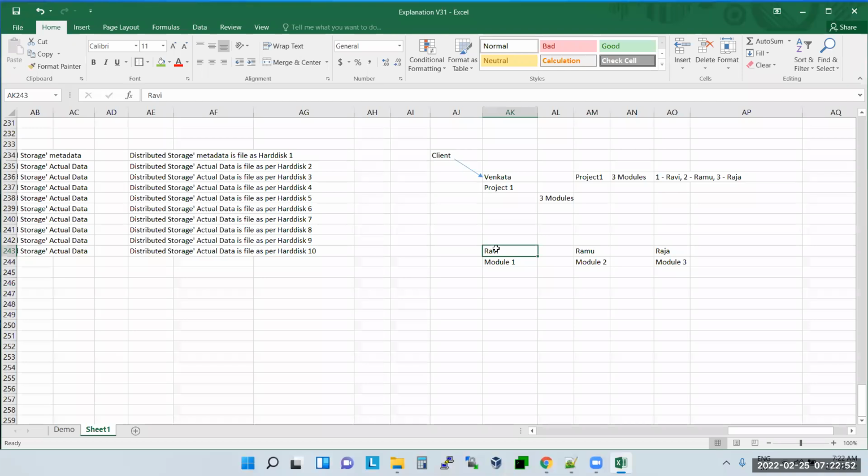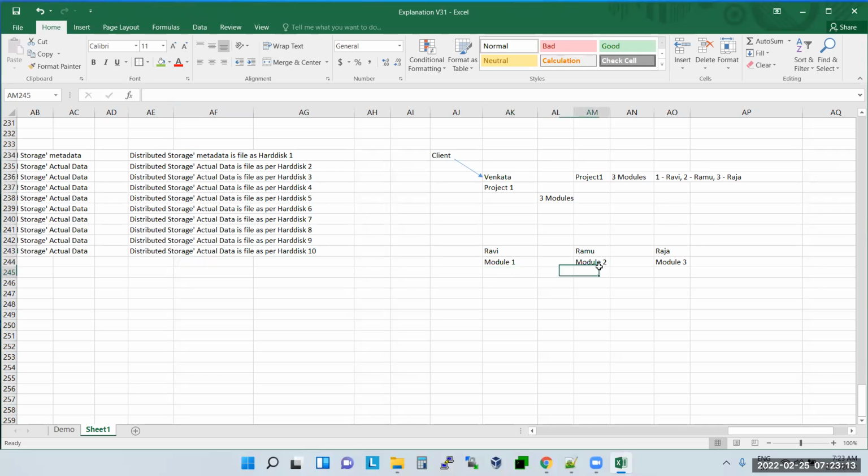So at the end of the day, what is the project? The sum of these three, correct? Does Ravi know that this is a piece of project one? No, sir. Venkata is just telling Ravi, you work on this module.